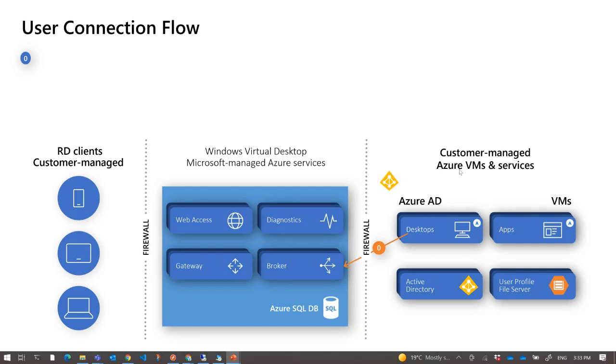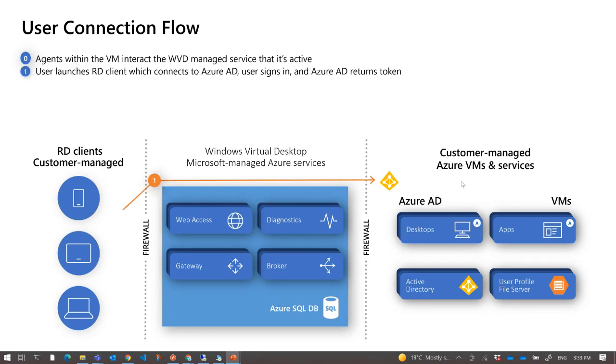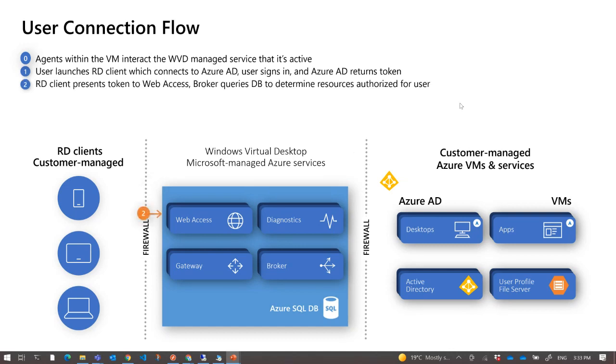And then here you have got the VMs, because what happens when a user tries to access this? The first thing the user does is try to authenticate. When the user authenticates, the user gets the Active Directory token. Then that user presents that token to the WVD web access service. What the web access service does is look through the token and the permissions to see which session host as well as application this user has access to.